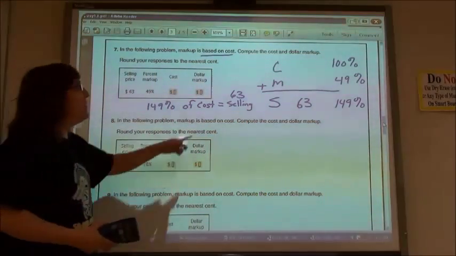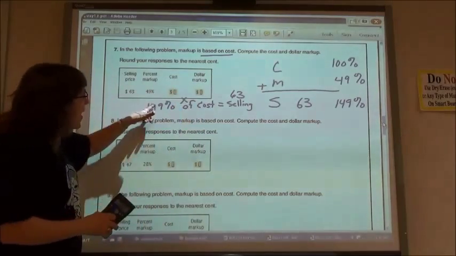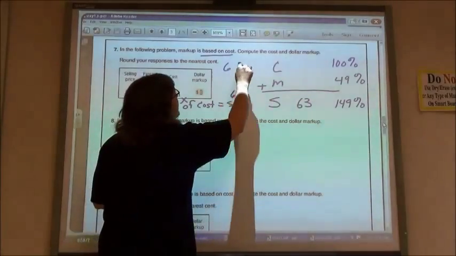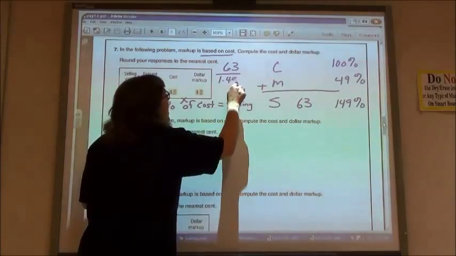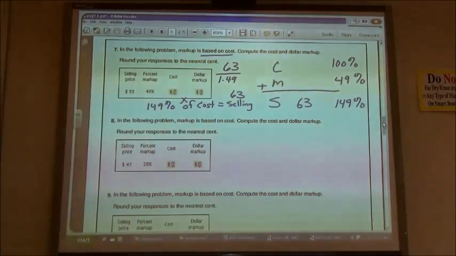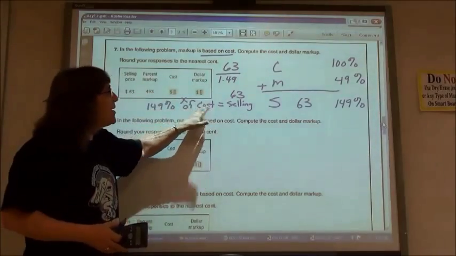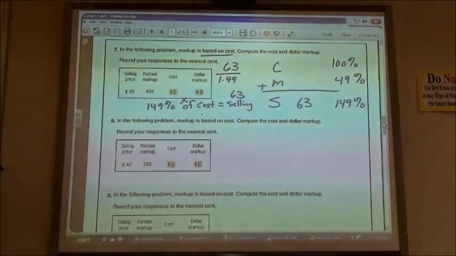So in order to find the cost of the item, of means times, I have to move this over and divide. So I'm going to take my $63 and divide it by 1.49, the 149%. 149% of my cost gives me that selling price of $63.